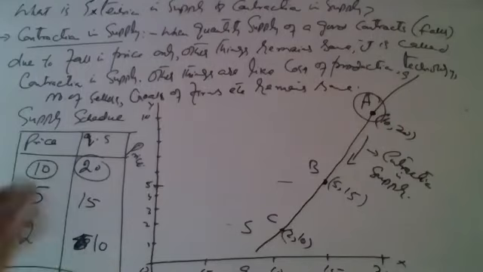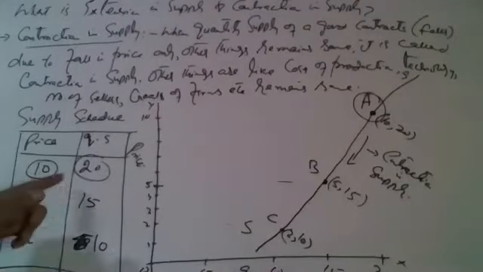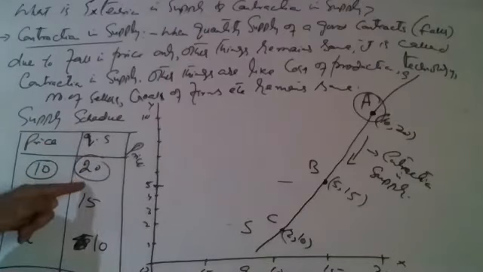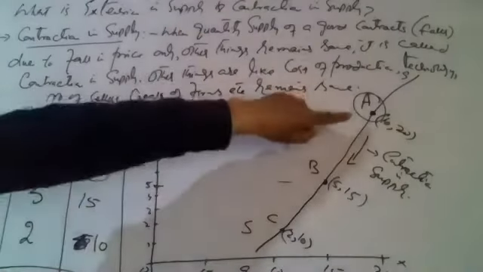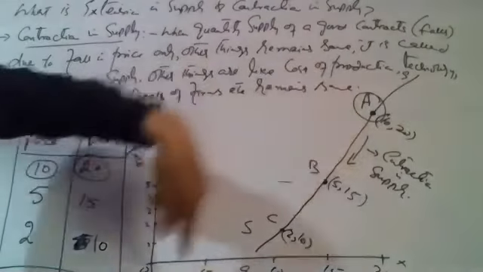From the diagram and table, we see when price is rupees 10 and quantity supply is 20, we are at point A on supply curve SS.